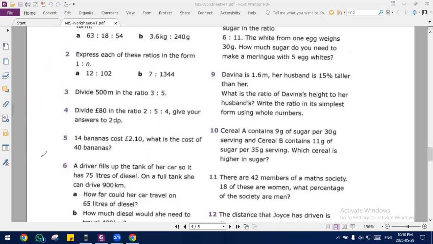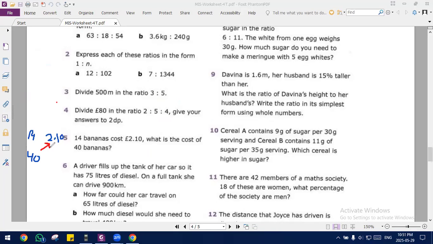Now question 15 is about direct proportion. I have 14 bananas. Their cost is 2.10 or 2.1. They said, what's the cost for 40 bananas? Either you do something for 14, like divide and multiply to make it 40, or as I said, it's cross multiplication. It's 40 times 2.10 divided by 14.